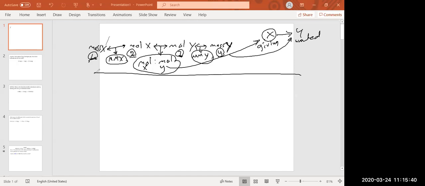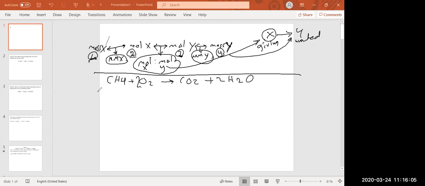Let's say we have this equation. Let's say CH4 plus O2 give me CO2 plus 2H2O, sorry, here 2, yeah, that's correct.